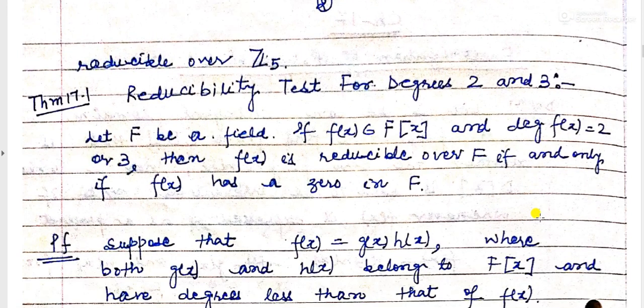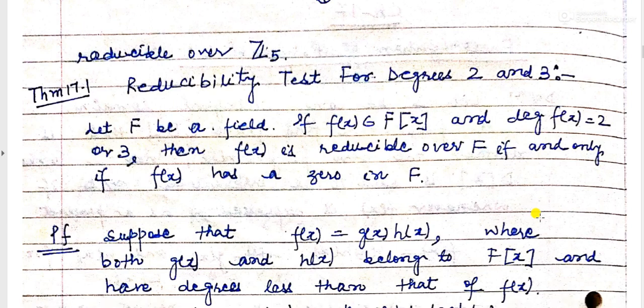What does this test state? Let capital F be a field, if f(x) belongs to F[x] and degree f(x) is equal to 2 or 3, then f(x) is reducible over F if and only if f(x) has a 0 in F. Reducible if and only if it has a 0 in F.